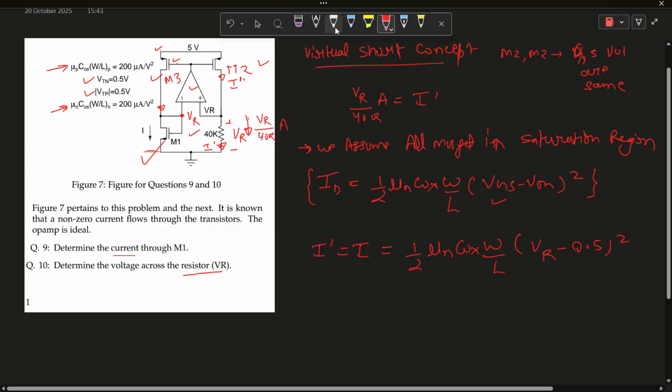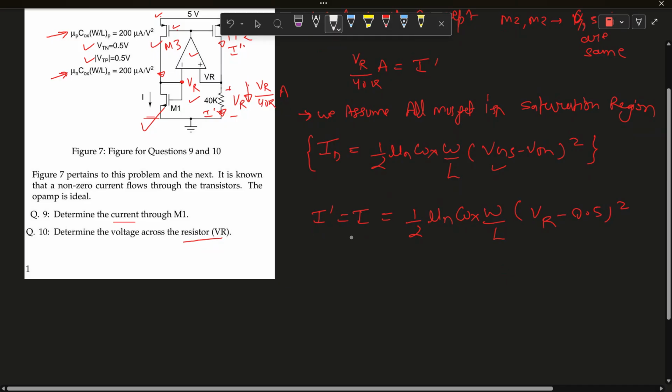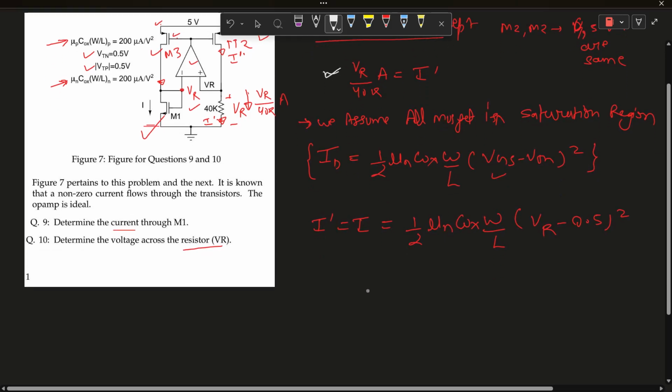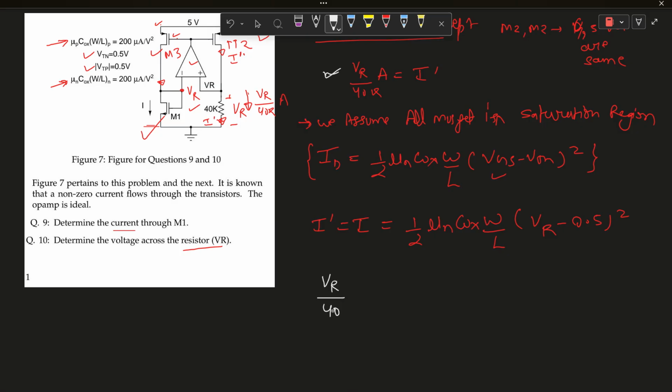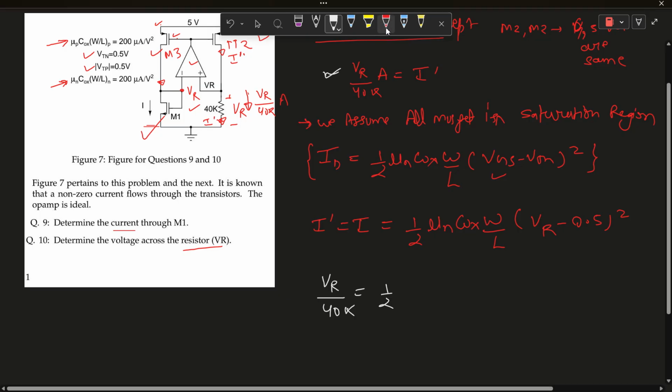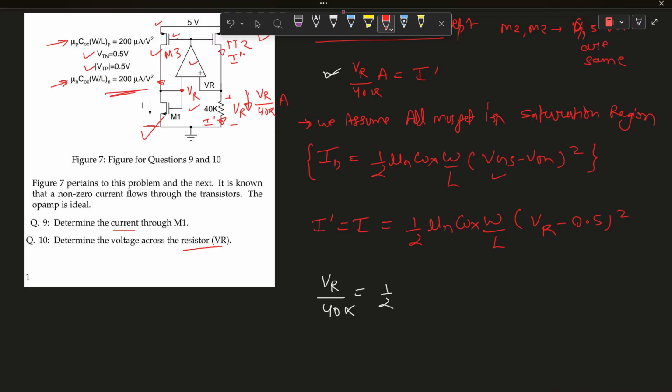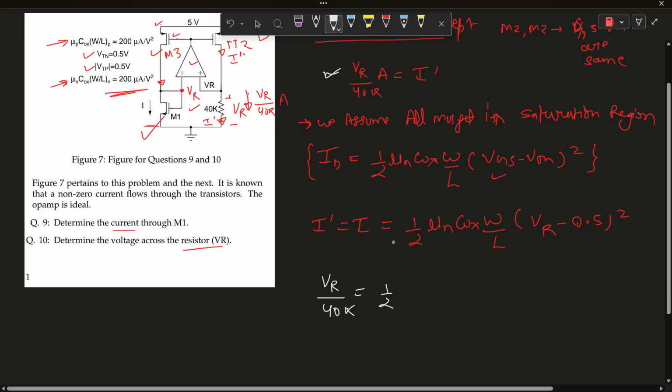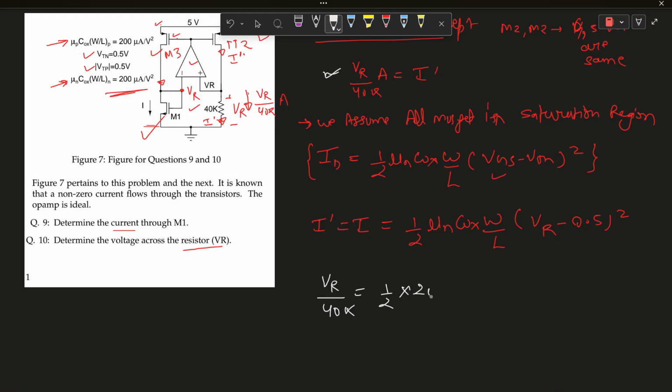So I dash is equal to VR by 40 kilo ohm, and it is equal to half mu n Cox W upon L, which for NMOS is given as 200 microampere per volt square, into VR minus 0.5 whole square.